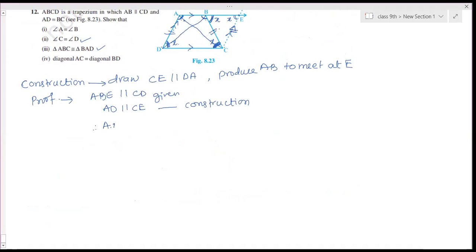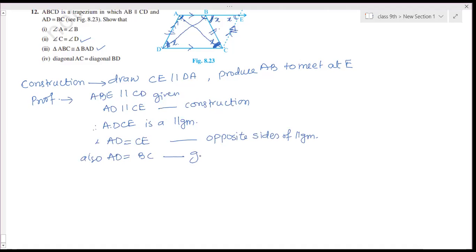Therefore ADCE is a parallelogram, and therefore AD is equal to CE, opposite sides of a parallelogram. Also, AD is equal to BC, given. Therefore, CE is equal to BC.